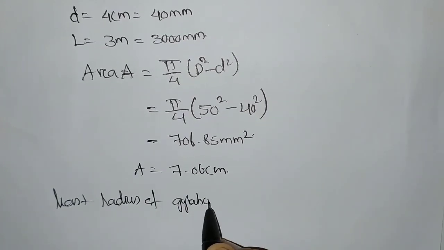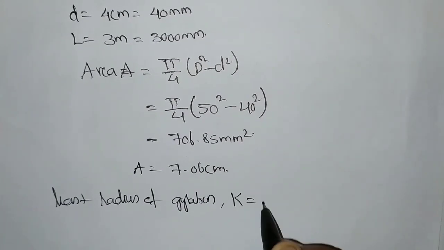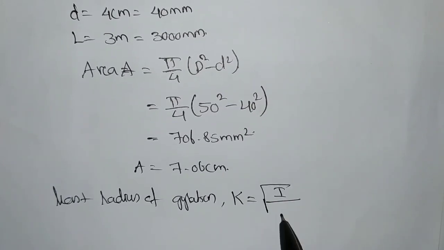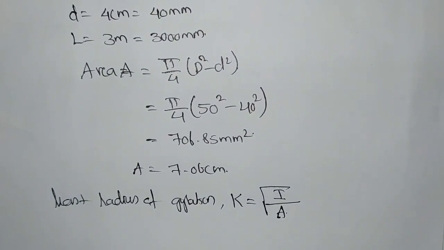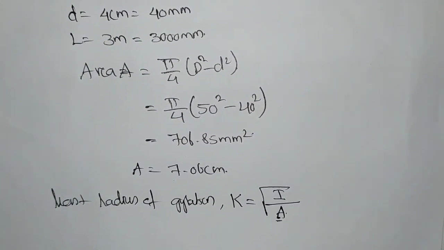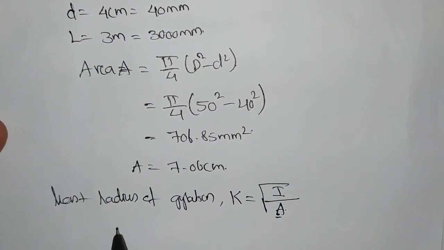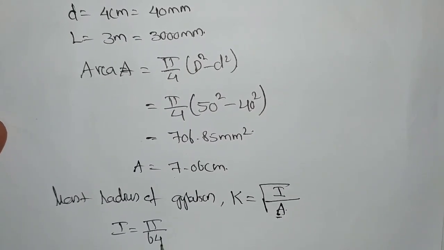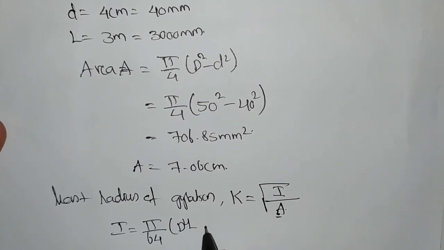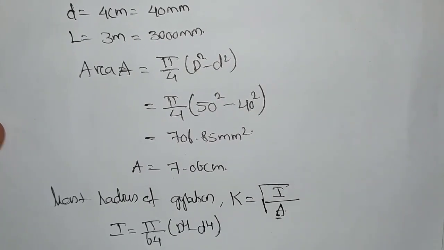This we have studied in previous classes, where I is nothing but moment of inertia. The value of A we have found out. Now we have to find out the moment of inertia. The moment of inertia for a hollow circular section is pi by 64 of capital D power 4 minus small d power 4.